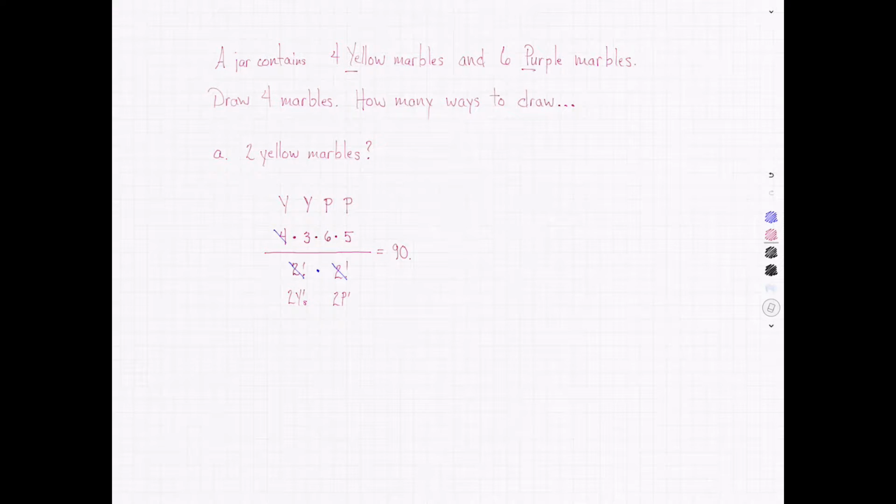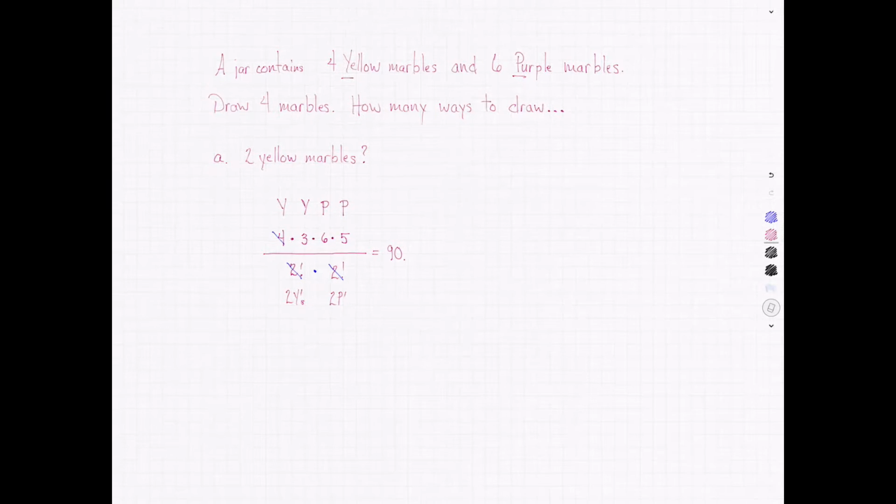Now, another way to do this is to use the combination function. So what I could do is I could say, okay, well, I have 4 yellows, of which I need to choose 2, times I have 6 purples, of which I need to choose 2. And let's see, do we really get the same answer? Well, let's try.